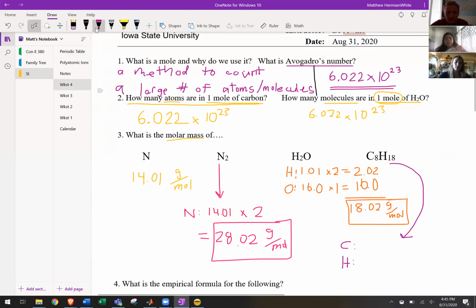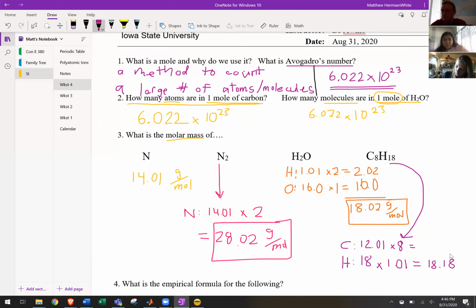So we have 12.01 times, we have 8 carbons in this molecule. And that comes out to be, does anyone have that? I actually didn't type that one out. And then hydrogen, we have 18 times 1.01. So this one would be 18.18.